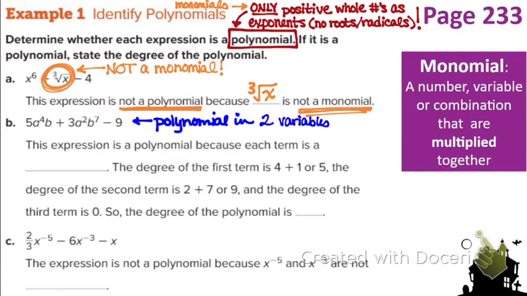Look at what we said up above. We said this one was not a polynomial because why? Because this one was not a monomial. So why is this one a polynomial? Each of them is a monomial, absolutely correct. Each term is a monomial.